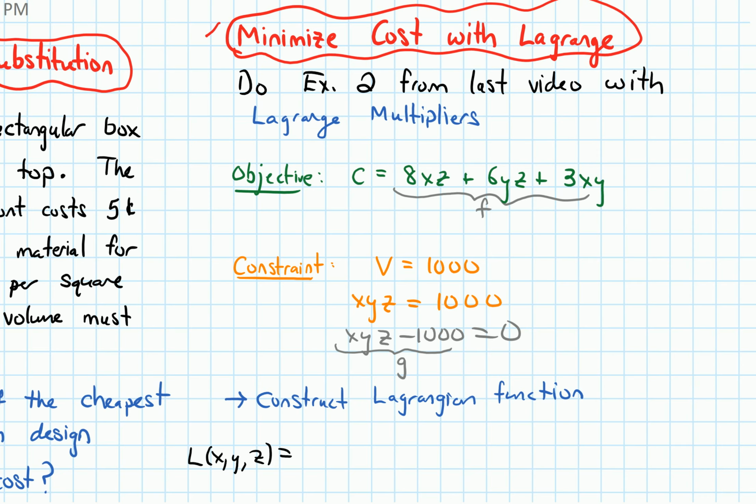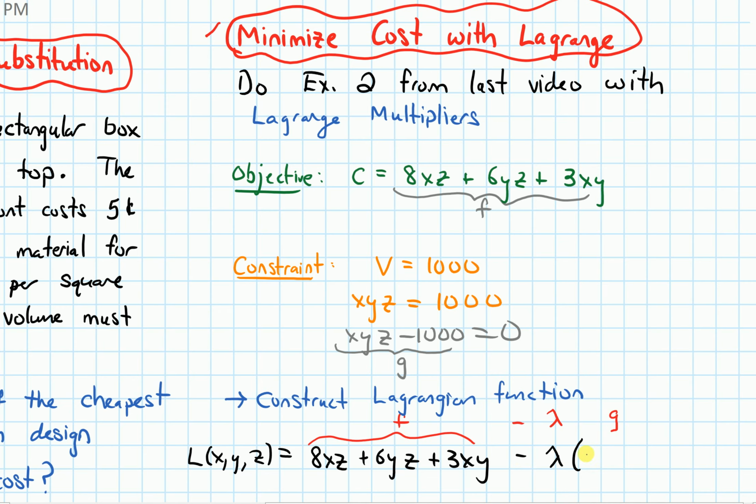is f. So we start with f, 8xz plus 6yz plus 3xy. So we're starting with f. And then we subtract lambda times the function g. So we have to do minus lambda times g, which was xyz minus 1,000.